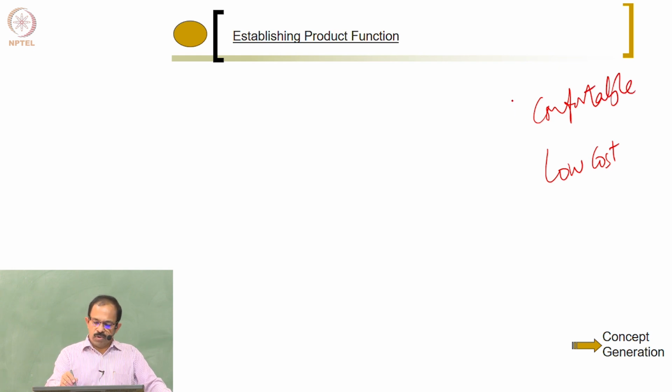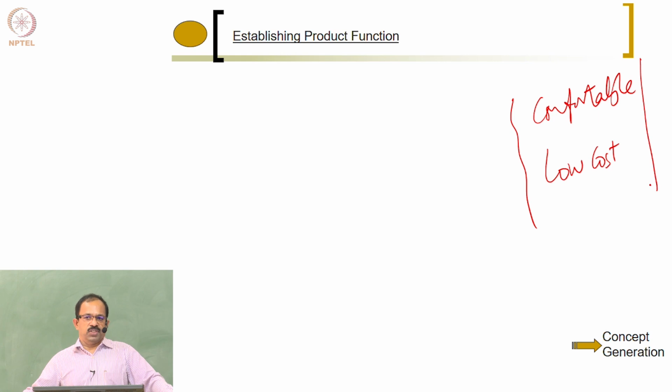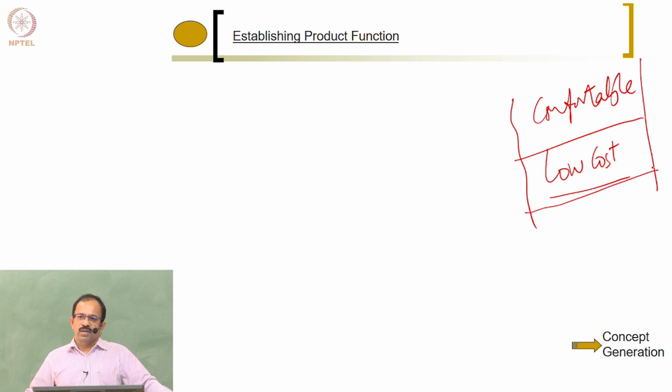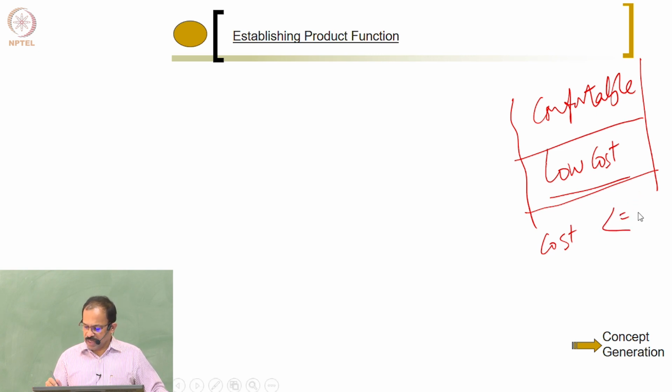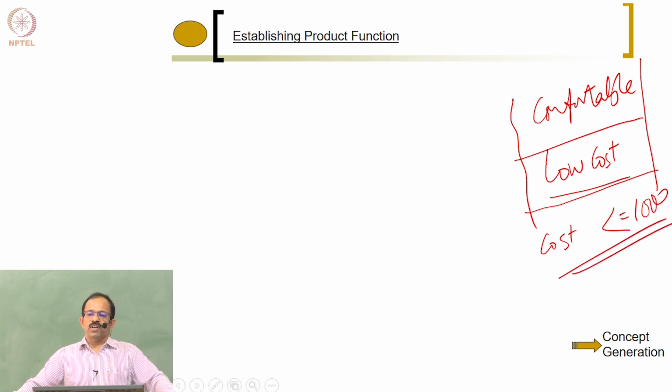So these are two customer requirements, and we know how to fix the metric for this, and we can find a value also. Somebody says low cost, and then we say that the metric is the cost of the product should be less than or equal to, say, 1000. This is what we specify in the product design specification.